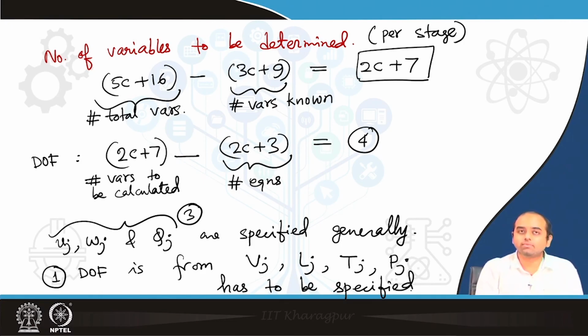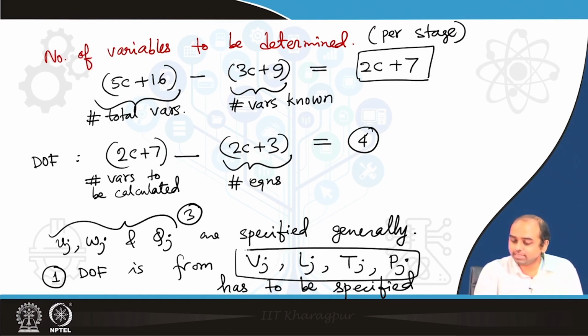You cannot work with a system where the number of unknowns is more than the number of equations, or the number of equations is more than the number of unknowns. In both cases you will not get a unique solution. So one degree of freedom from Vj, Lj, Tj or Pj has to be specified, and you will see that this forms the basis of the calculation of the tearing methods, how you use this idea to solve the calculations, providing that one of them is initially known.